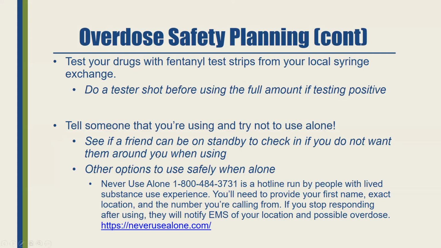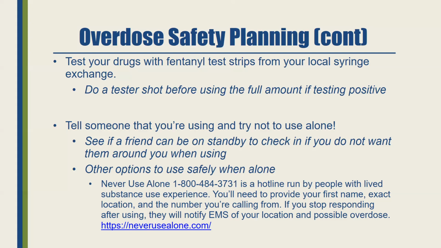And then also a huge piece of overdose prevention is not using alone or using in isolation. This is kind of what Katie was speaking to earlier, right? Someone who's experiencing an opioid overdose is typically not able to use naloxone on themselves.